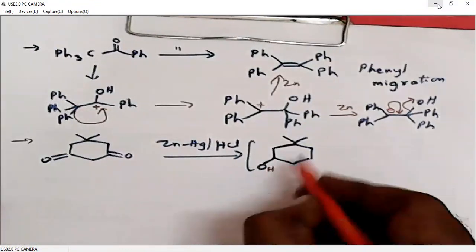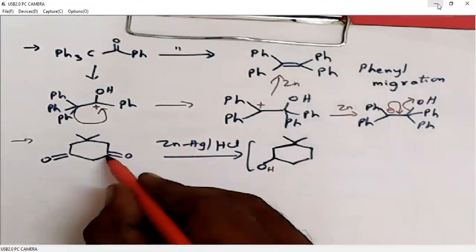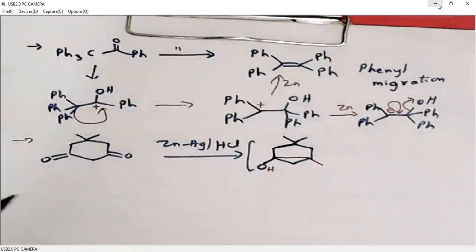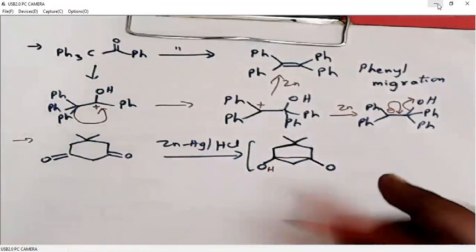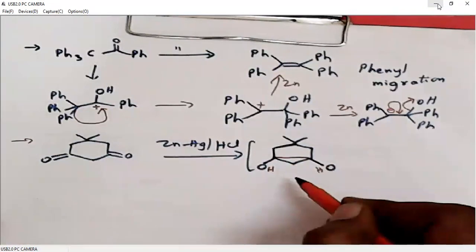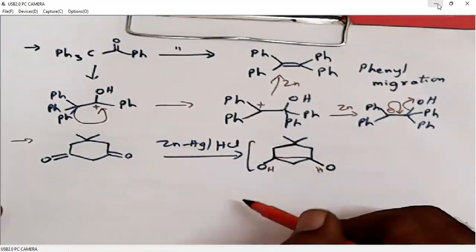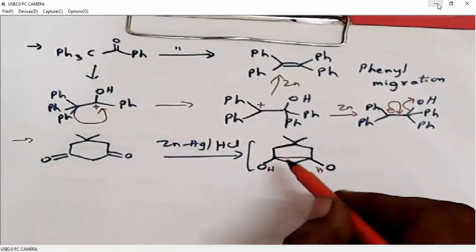So we will generate an anion here. This anion will condense with this carbonyl because it is an intramolecular reaction. It is positive, so this will be converted to OH. But it is a three-membered ring which is generated now. Of course, it is less stable, so it will again further undergo reduction.